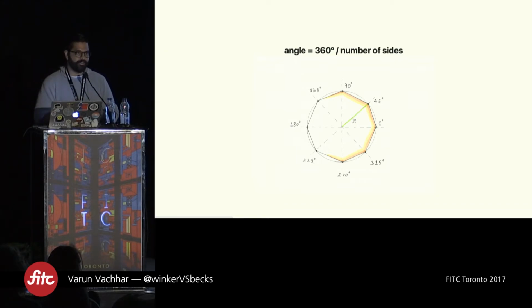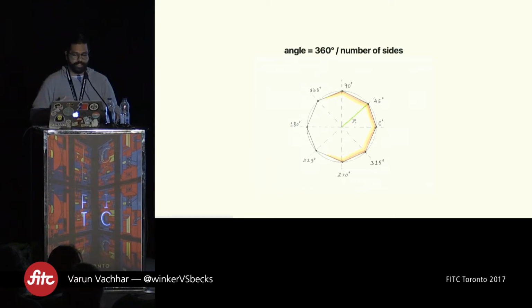And each one of those triangles has the same angle at the center of this polygon. That's really important. We can calculate that angle by the formula up there, so 360 degrees divided by the number of sides. So if I were to draw an octagon here with 8 sides, that angle comes out to be 360 divided by 8, which is 45 degrees.